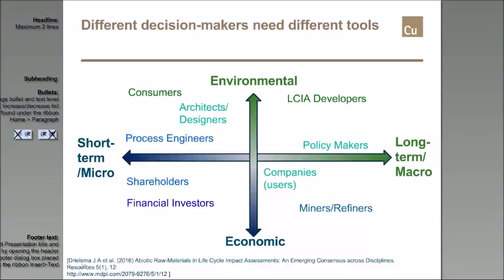Financial investors or shareholders might be more worried about the price of those resources, about the price fluctuations. But when we talk about consumers, architects and designers, and those engineers, what they really need is an indicator that indeed helps them to make the most of the resources they have available.